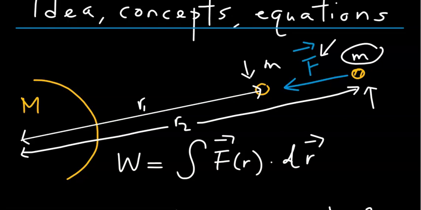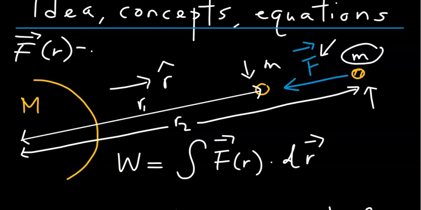Since the direction of the force is going in an opposite direction to that of the radial direction, let's call it r hat. R hat is the unit vector along the radial direction. Then we can write the expression for that attractive gravitational force in the following manner: minus the gravitational constant, the product of the two masses, over the separation squared, r hat.